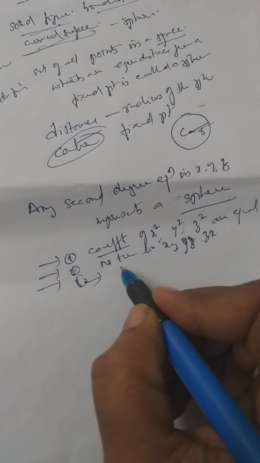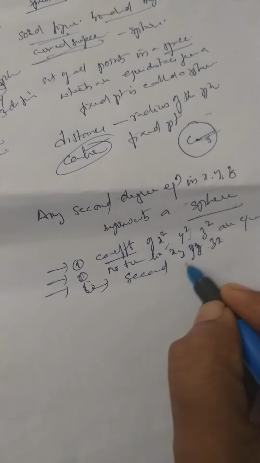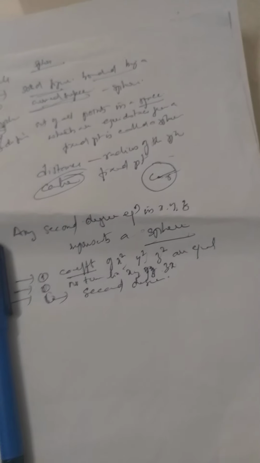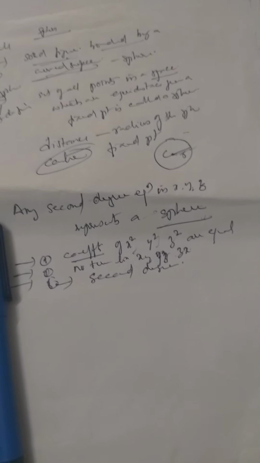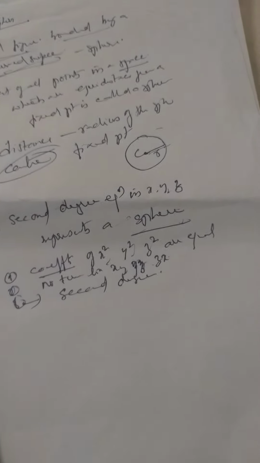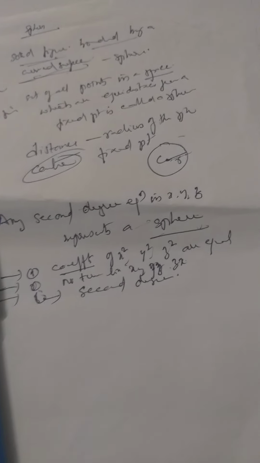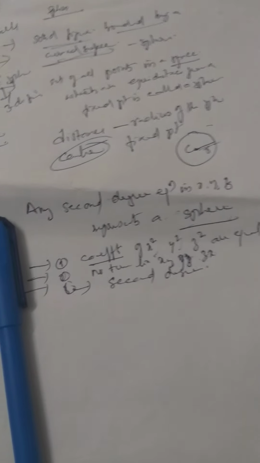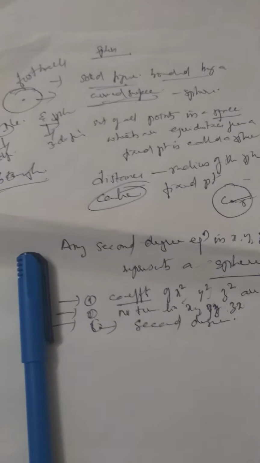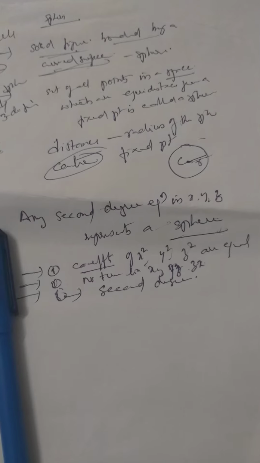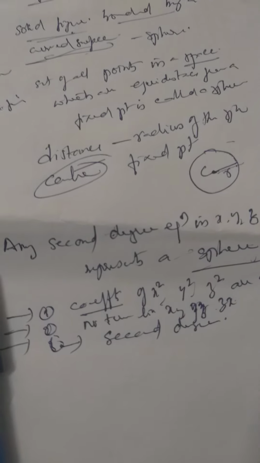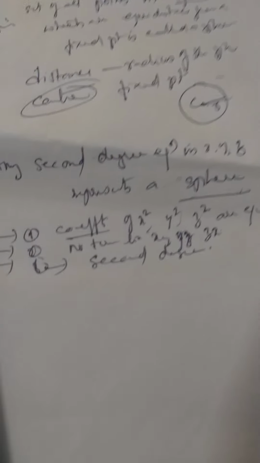And the third one is that it must be a second degree equation. There are three conditions. A general equation in x, y, z represents a sphere if it is a second degree equation, the coefficient of x square is equal to the coefficient of y square is equal to the coefficient of z square, and the product terms should be absent. xy, yz, zx terms should not be there in the equation.